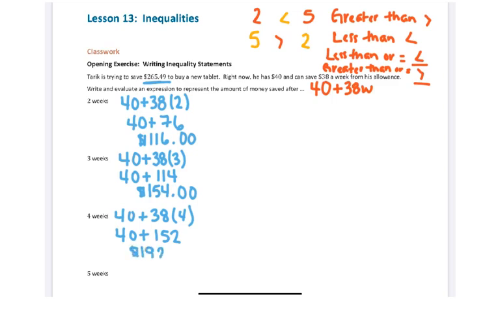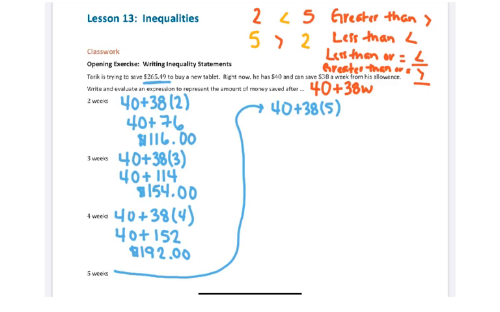So after 4 weeks, he has saved $192, which is still not $265.49. So I still don't have enough money to buy that tablet. Let's try after 5 weeks, and I'm going to move 5 weeks up here so I have a bit more room. So 40 plus 38 times 5, and I'm going to rewrite that because 38 times 5 is 190.